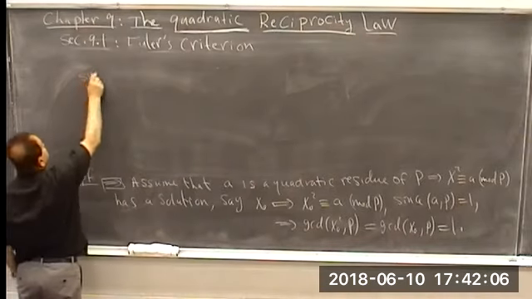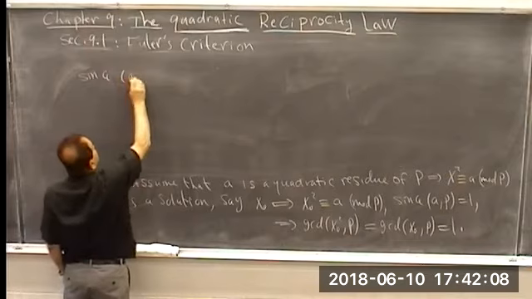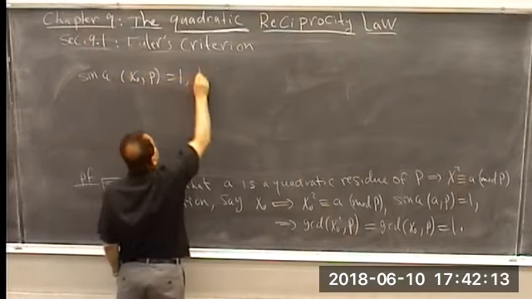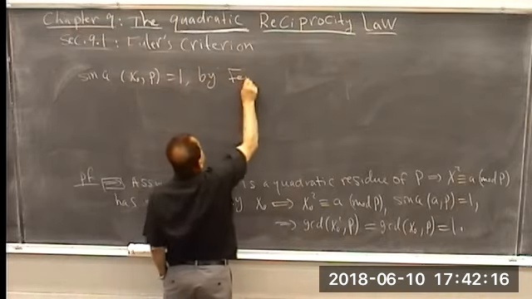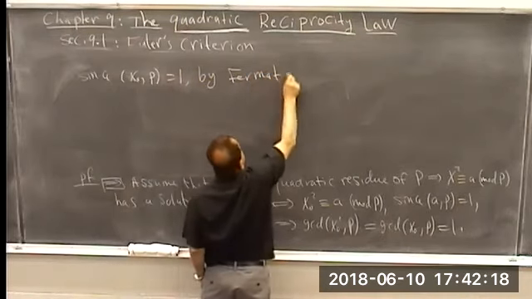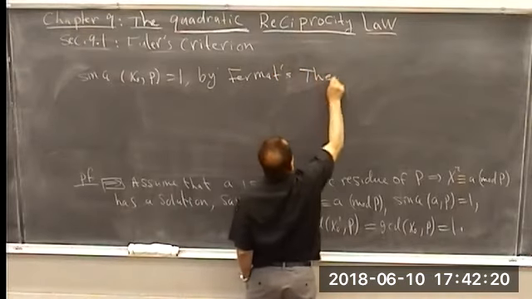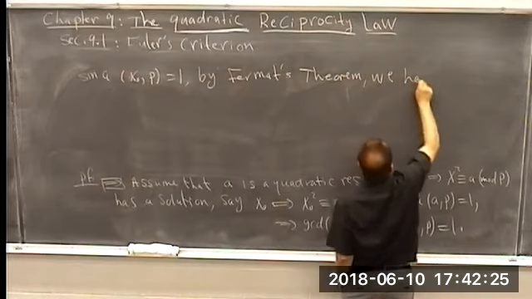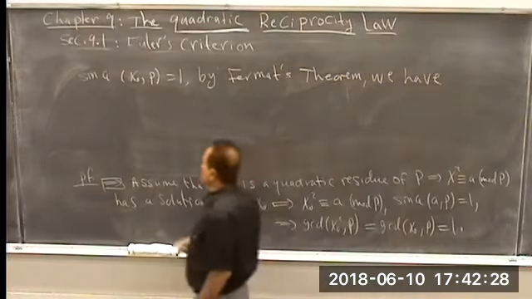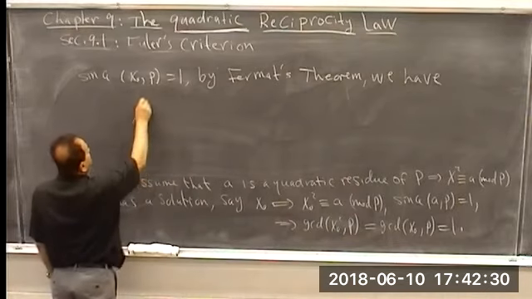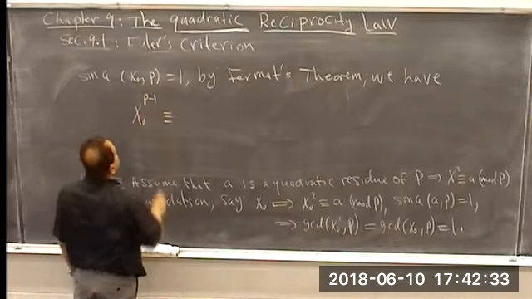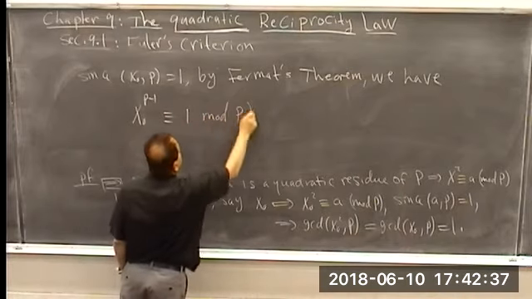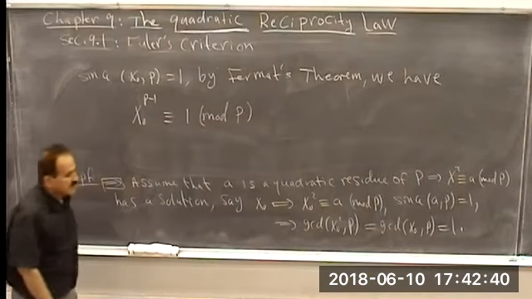Since the gcd of x sub 0 and P equals 1, by Fermat's theorem, we have x sub 0 to the power P minus 1 is congruent to 1 mod P. All right.